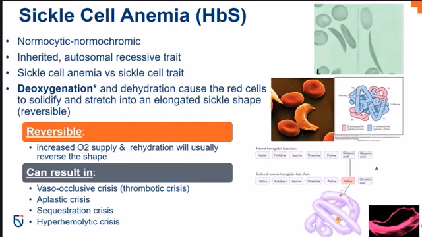And it can actually lead to a collapse of the cardiovascular system. And finally, hyperhemolytic crisis. This is just an accelerated rate of red blood cell destruction, beyond what is normally experienced by people with sickle cell anemia.